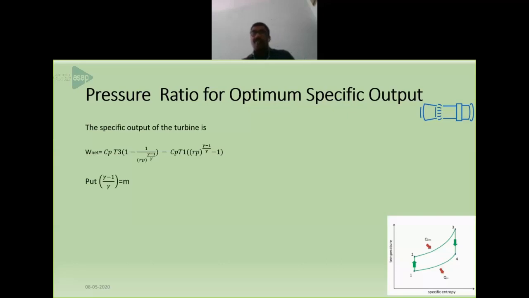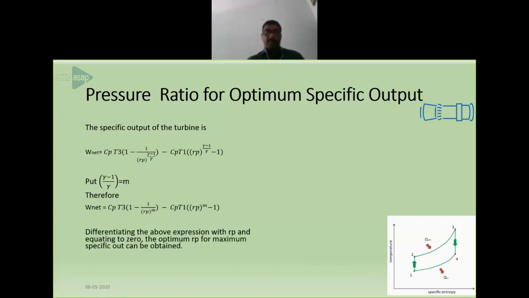Now always carrying this gamma minus 1 by gamma in every equation is very difficult. So we can put gamma minus 1 by gamma equal to m. Therefore, W net is equal to Cp into T3 into 1 minus 1 by Rp raised to m. Instead of gamma minus 1 by gamma, you are writing it as m. And the next term is Cp into T1 into Rp raised to m minus 1.